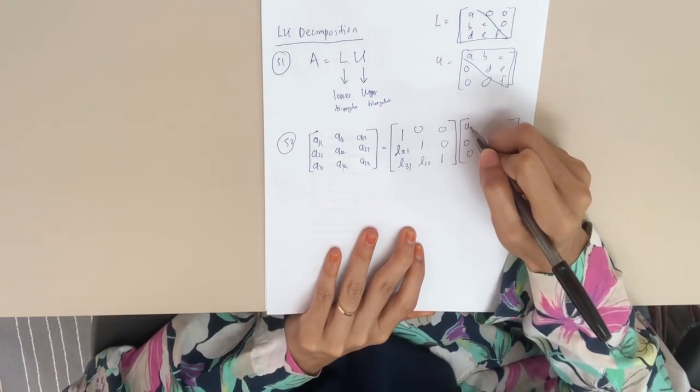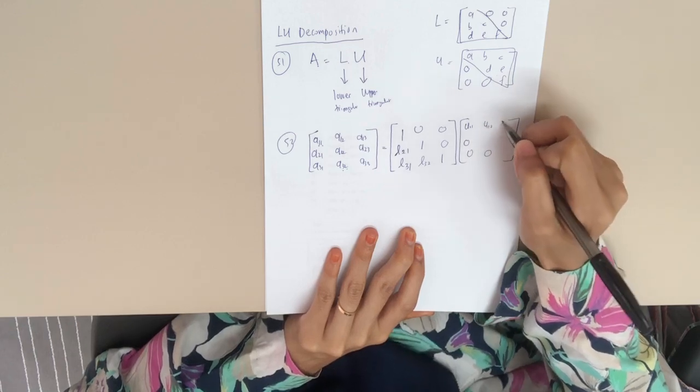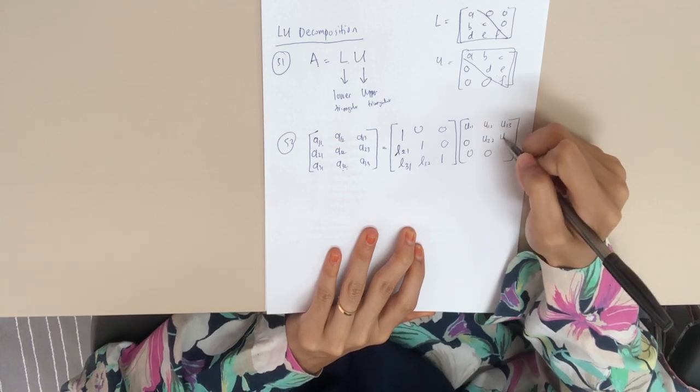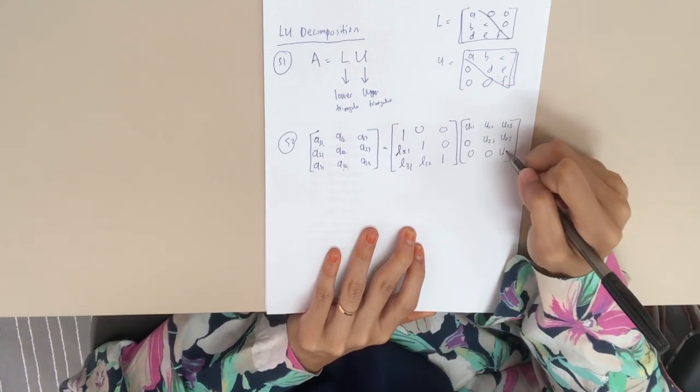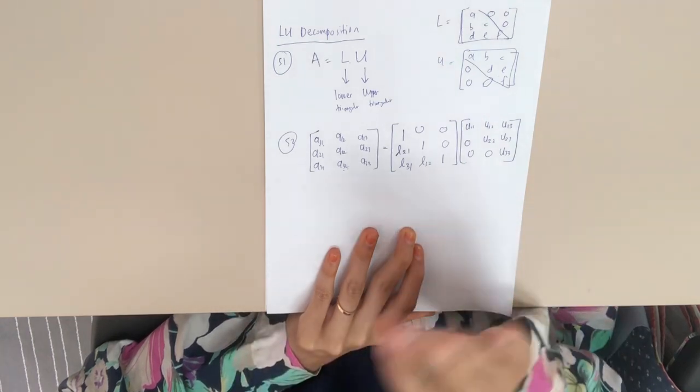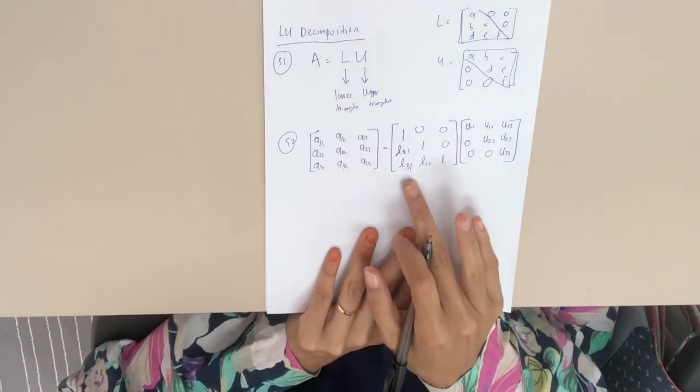So I write U11, U12, U13, U22, U23, and U33. I hope you have no problem regarding the numbering here.